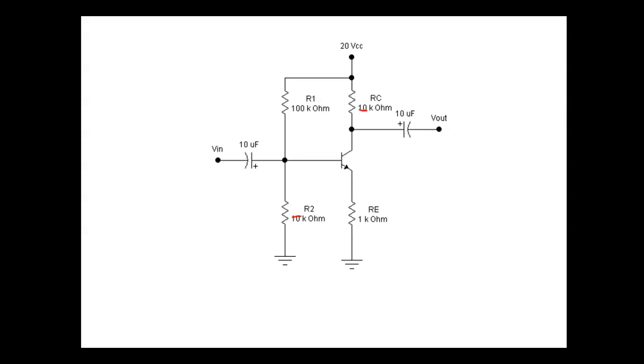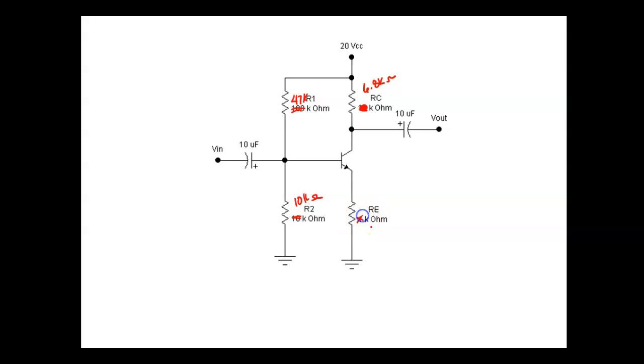Well, this circuit is different, yeah. So the circuit is different. So this is a 47K. Okay, and then what's R2? 10K. And then what's RC? They call it 6.8K.